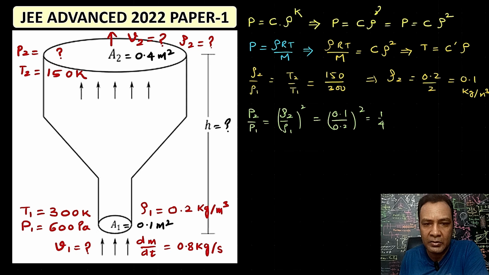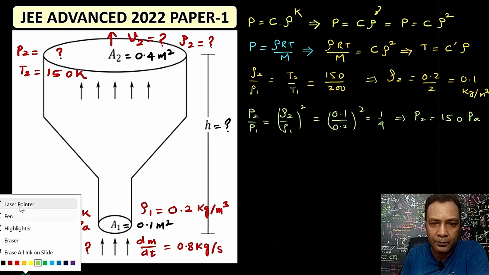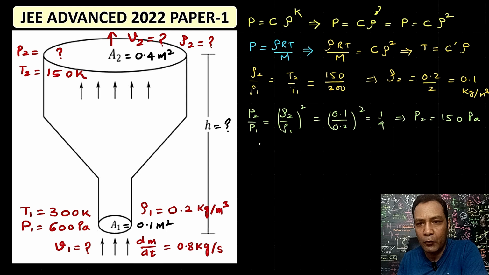The initial pressure is 600, so P2 will be 150 Pascal. And now the velocity part, velocity at the two ends. For that we'll use the continuity equation.